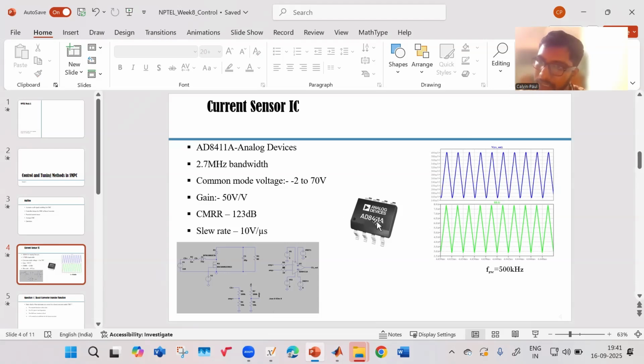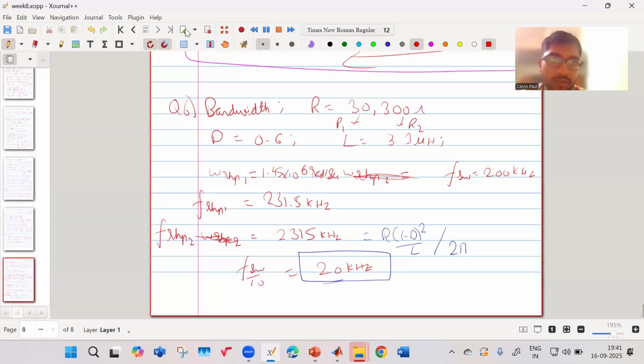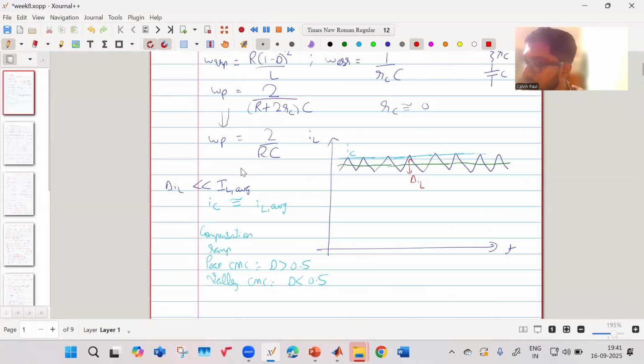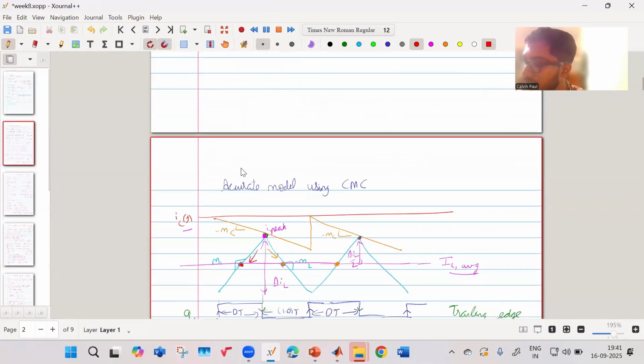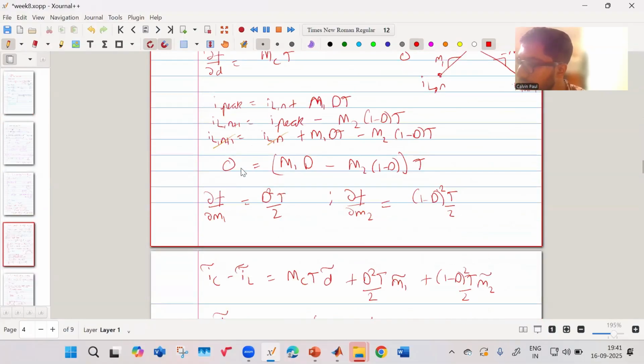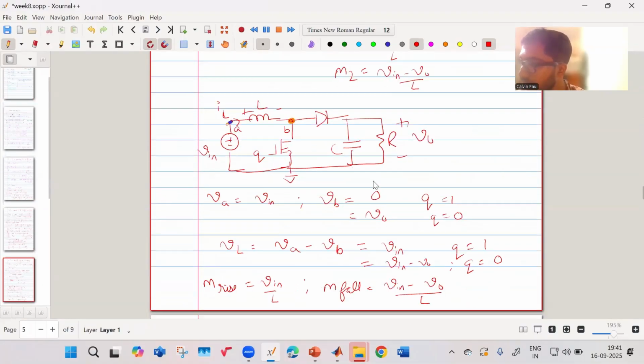So wherever your current sensor is placed, it will experience some voltage. Like if you see your boost converter, we had already drawn it. Let me go back there. Here. If you want to measure the current, you would put some sensor over here.